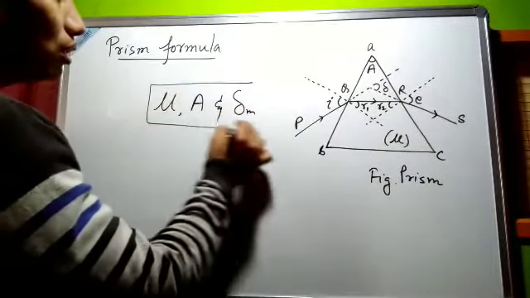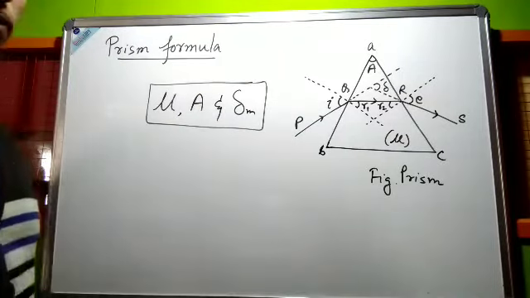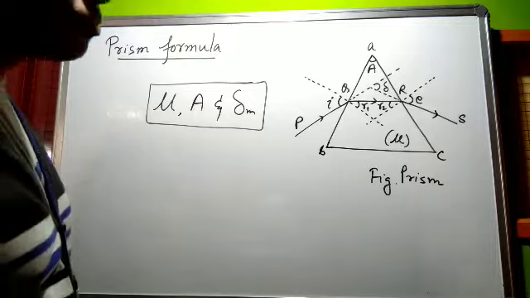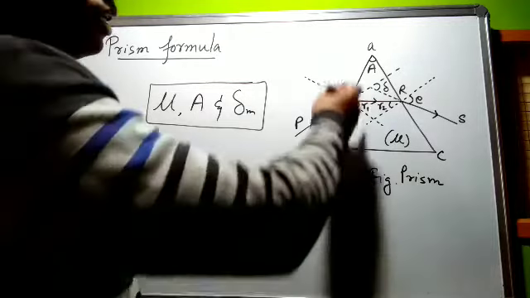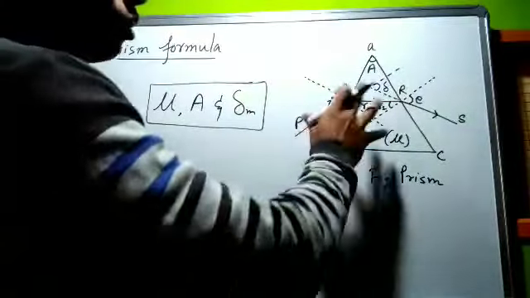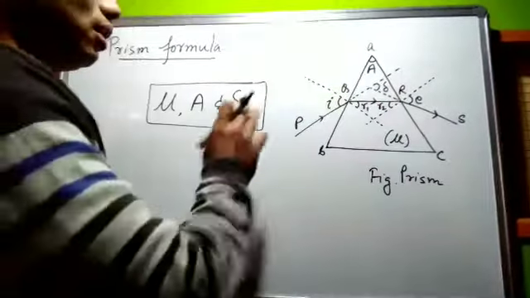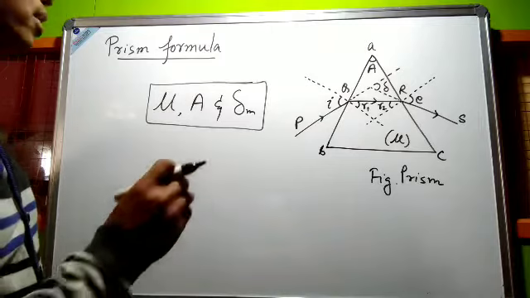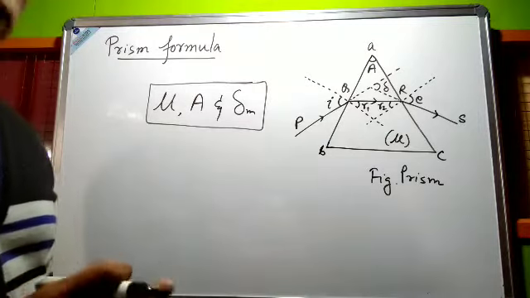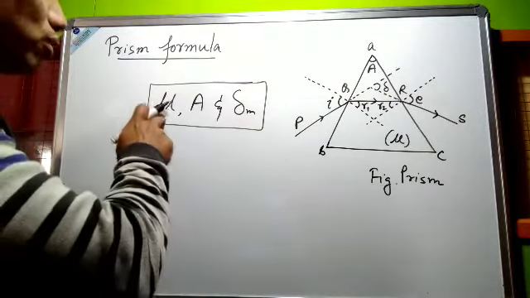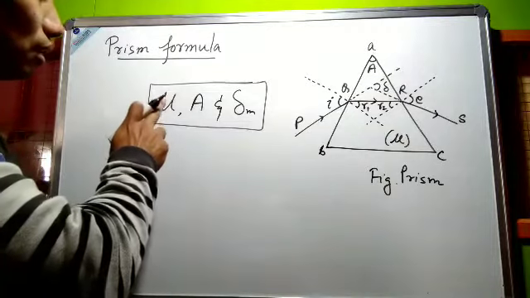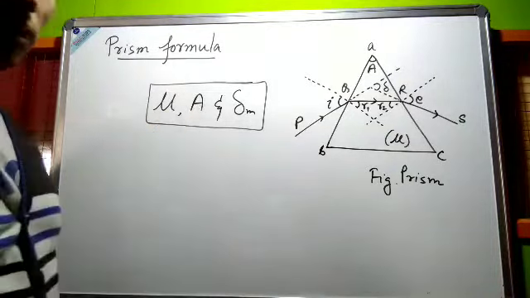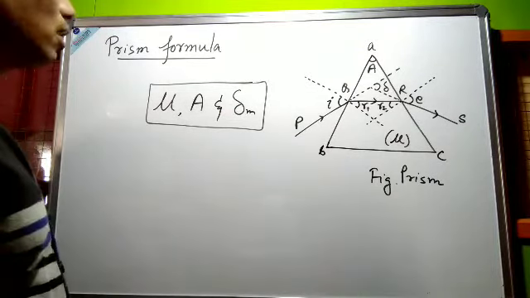The prism formula defines the relation between the absolute refractive index of the material of the prism, the angle of prism, and the minimum deviation produced by the prism.